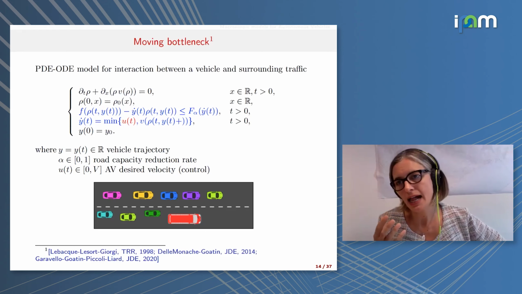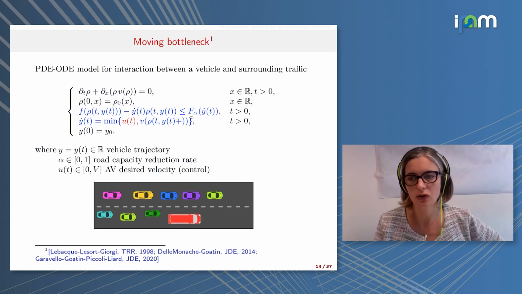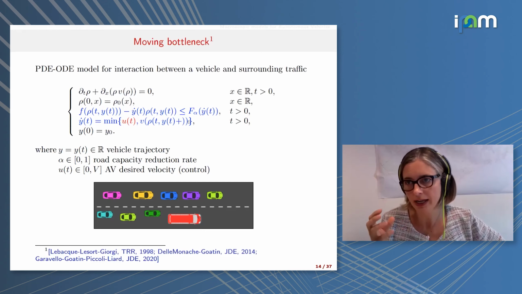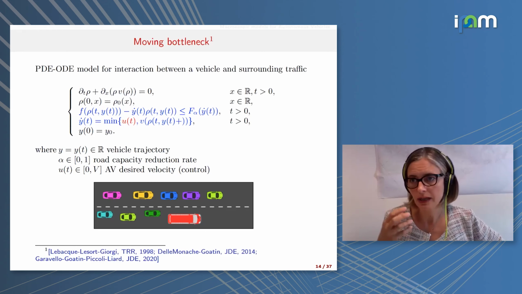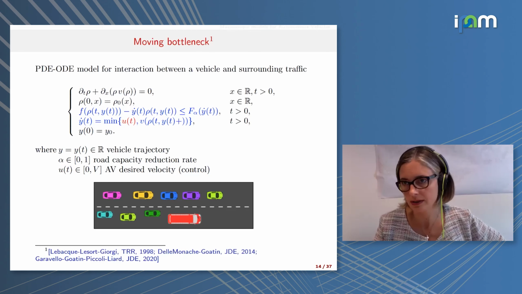Alpha is the ratio of the number of free lanes over the total number of lanes. So it's the capacity reduction rate given by the presence of the vehicle. For example, here we have 2 lanes, so alpha will be 1/2. If we have 3 lanes and 1 autonomous vehicle, alpha will be 2/3. Okay?